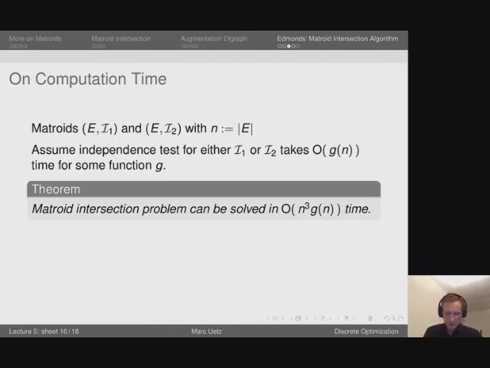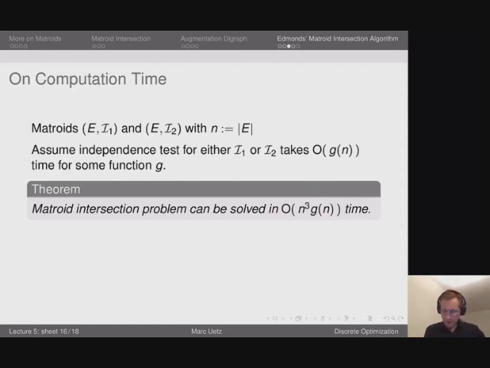So let us assume that such an independence test for any of the matroids takes computation time order g of n for some function g, say a polynomial function in the number of elements n. And then the theorem says that this generic algorithm on the previous slide solves the matroid intersection problem in computation time n to the 3 times g of n, where g of n is this independence test in any of these two matroids.